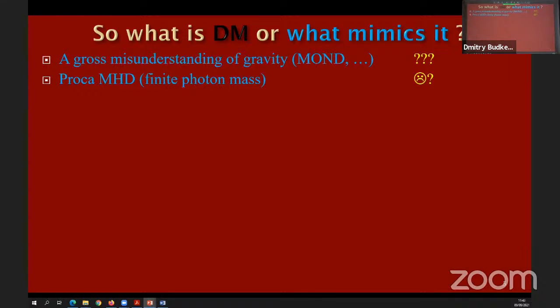And because the physics of plasma depends very strongly on Maxwell's equations, plasma physics is basically solving how charged particles move in electromagnetic fields. So what Ryutov noticed is that you can actually put a limit on the mass of the photon by looking at the measurements obtained by spacecraft in our solar system.